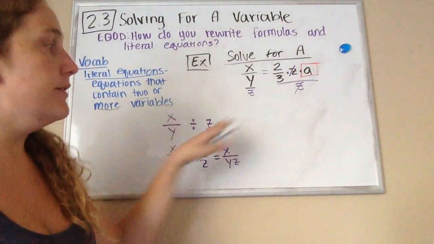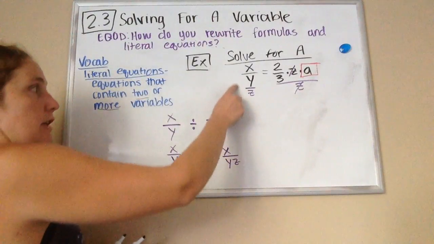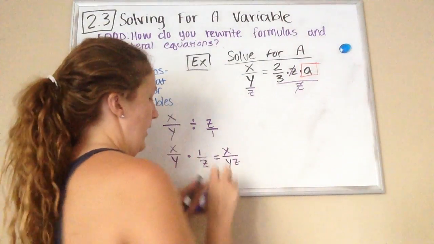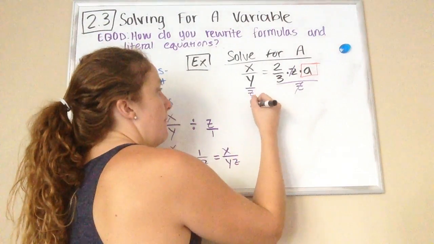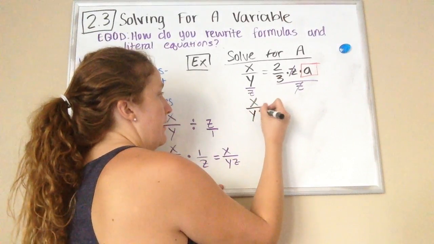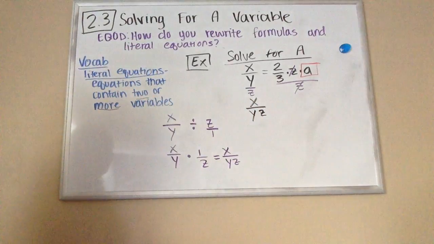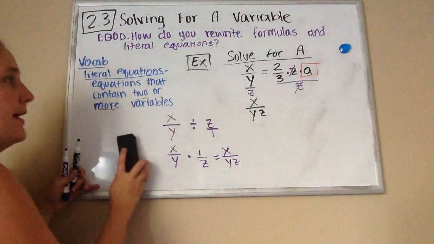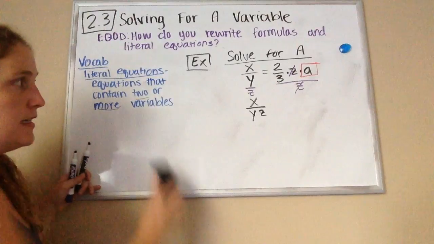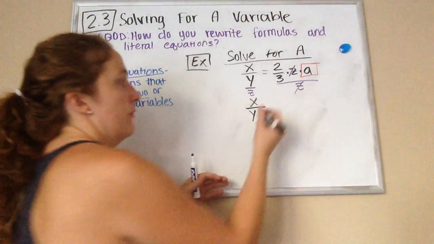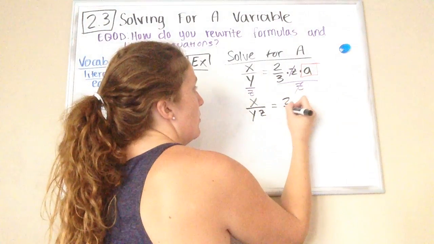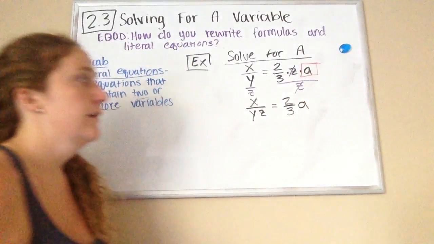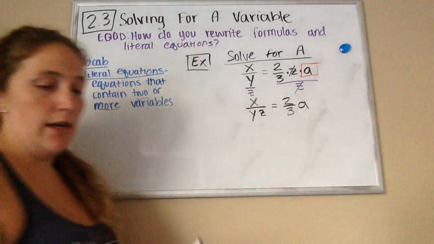So anytime you are dividing, you know that that z is just going to go right in that denominator. So we're going to get x over yz. Okay? I'm going to go ahead and erase this. So x over yz is equal to 2/3 A. Perfect.